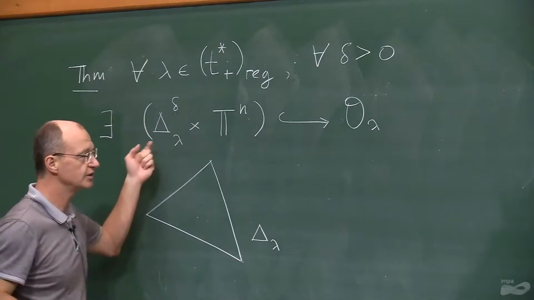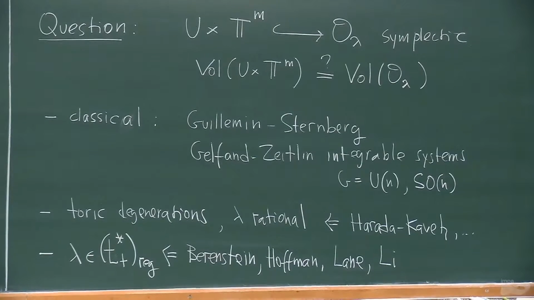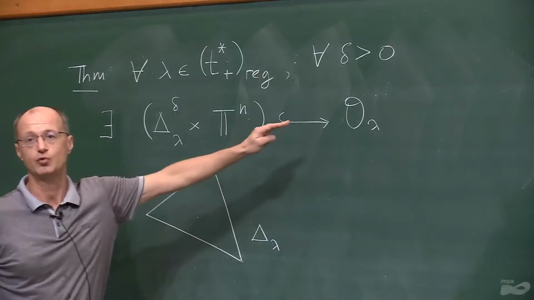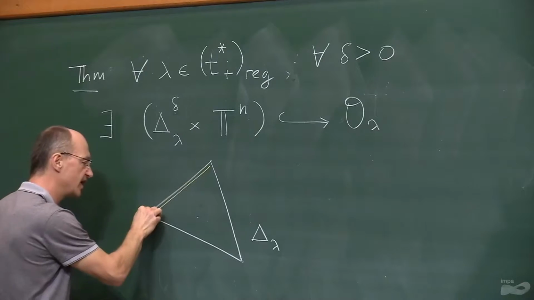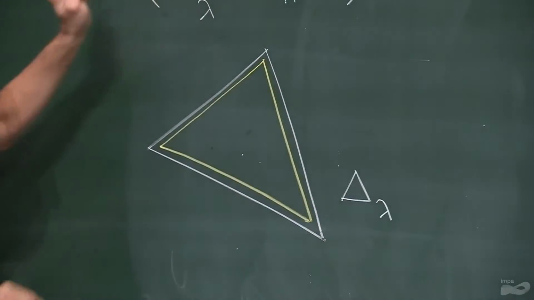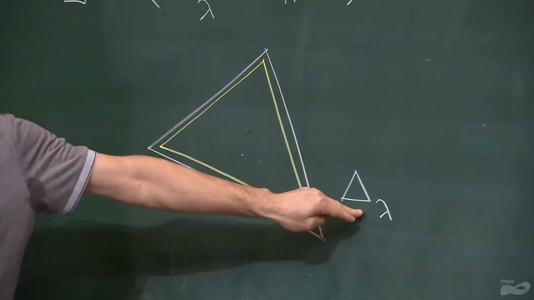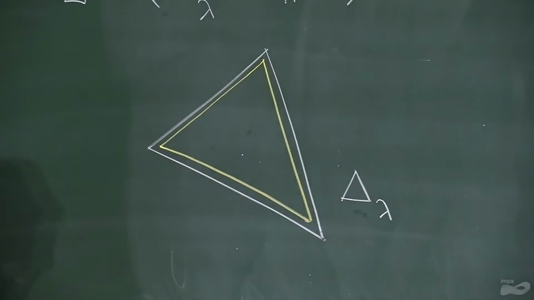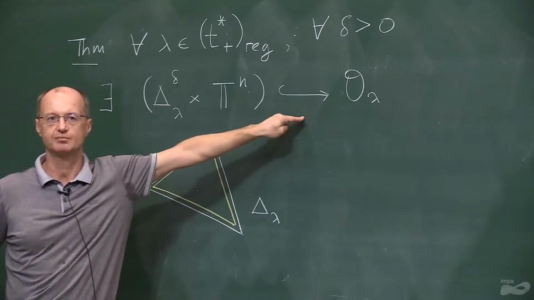So we cannot quite do as promised, meaning that we cannot quite match the volumes. However, if I step by an arbitrary delta, at some distance from the walls, so I make a slightly smaller polytope, then we know how to make a symplectic embedding like that.